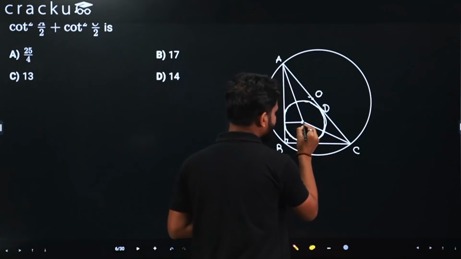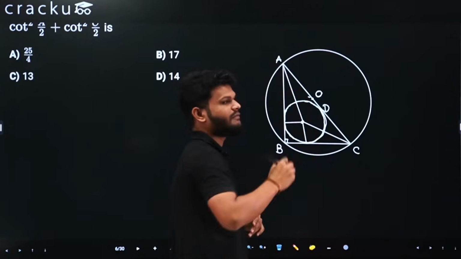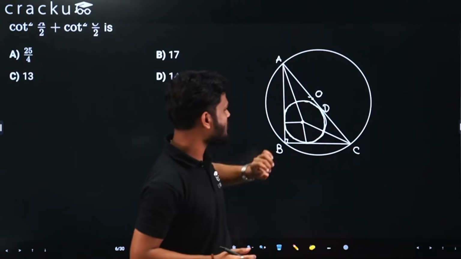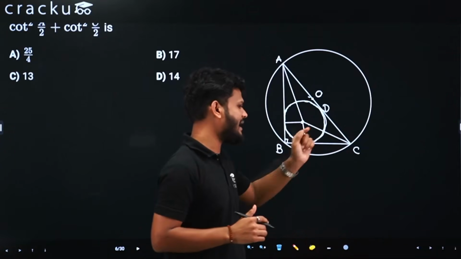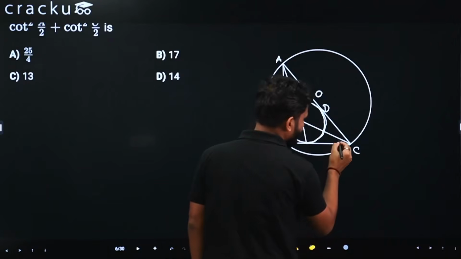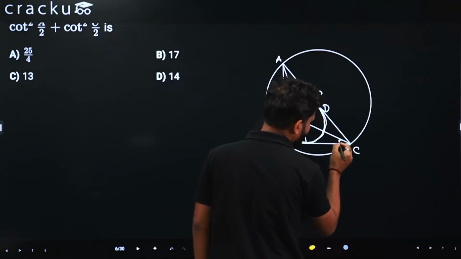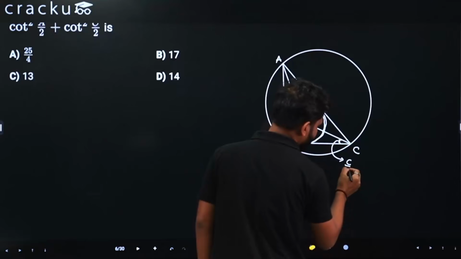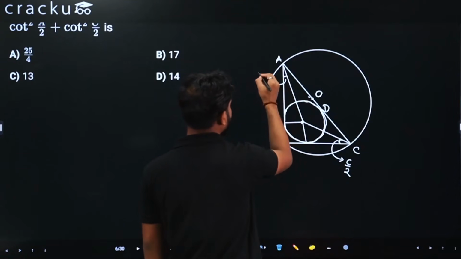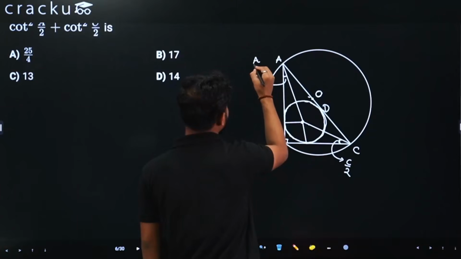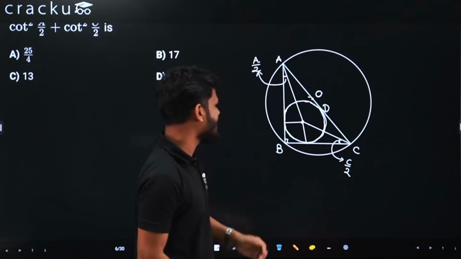So if this is the incenter and if I join it with the vertex, that line will be the angle bisector of that angle. Similarly, this line will be the angle bisector of this angle. So can I say this angle is C by 2? And this angle is A by 2, right?